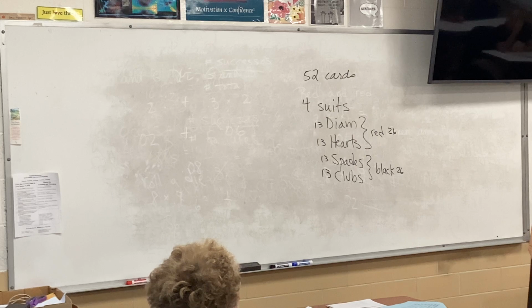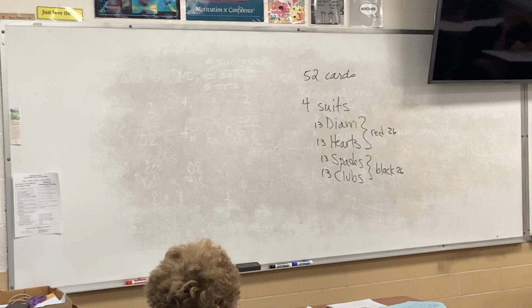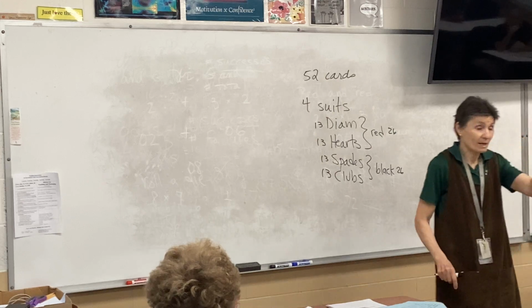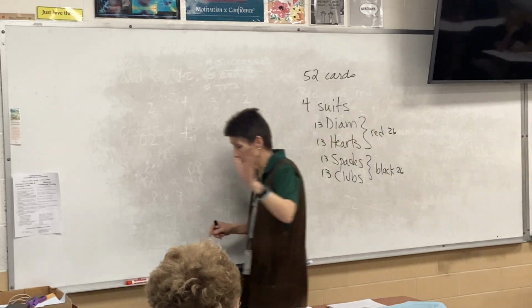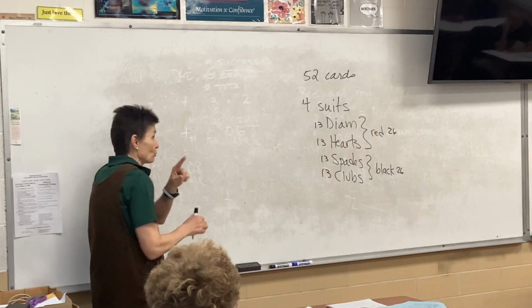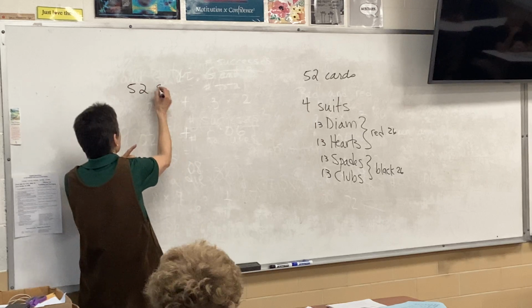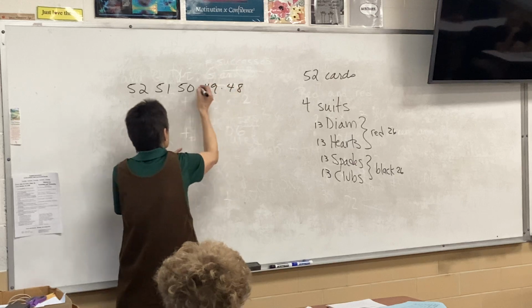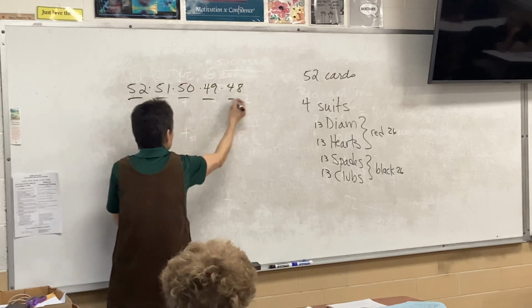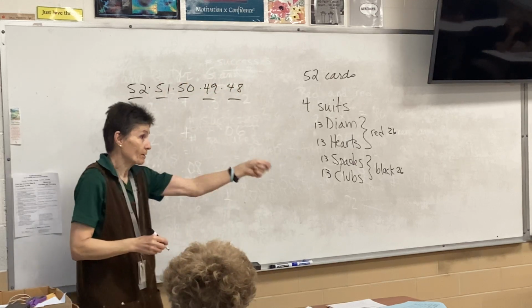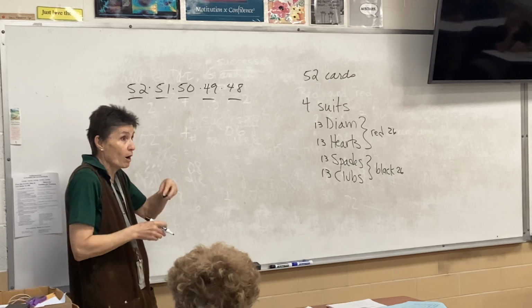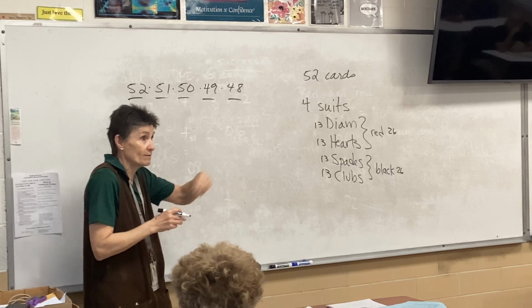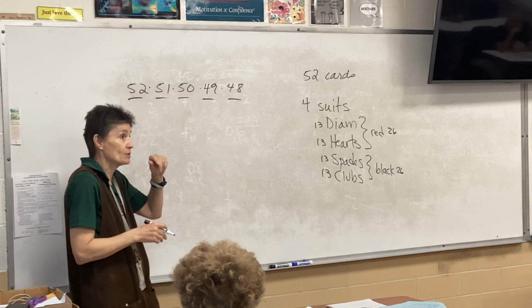Okay, what he's thinking is good, but it's not quite right, and here's why. He says I'm dealing 5 cards. The first card I give him, there's 52 to choose from, and then there's 51, and then there's 50, and so on. That makes perfectly good sense.